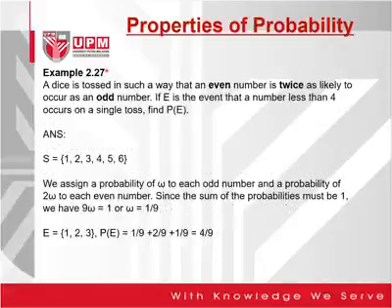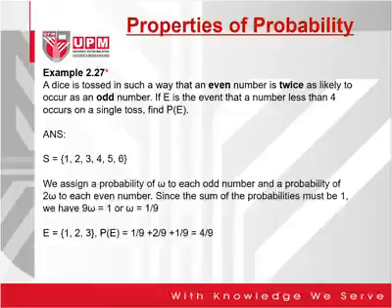Okay, now we come to another example, which is a bit tricky. A dice is tossed in such a way that an even number is twice as likely to occur as an odd number. What does it mean? If you use a normal dice, you list down 1, 2, 3, 4, 5, 6. But now this is not a normal dice; it's a very special dice.